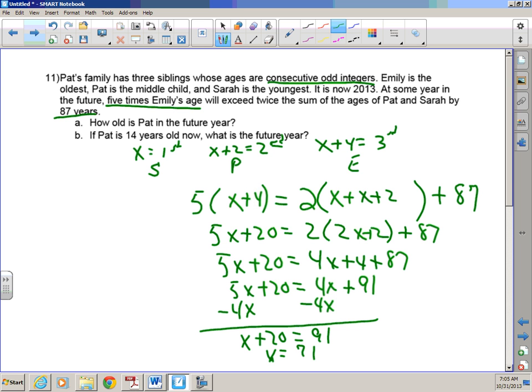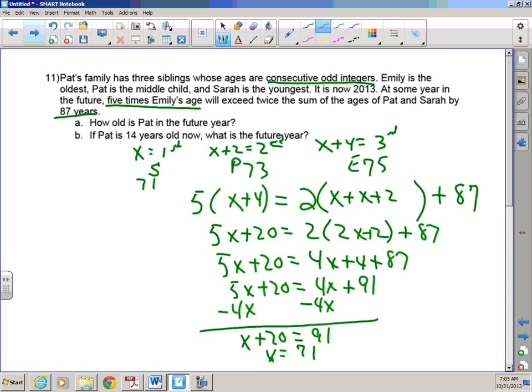So, what is the first thing we found out? Sarah is 71. Pat is 73. And who's the third one? Emily is 75. Okay? Now, the second question says, if Pat is 14 years old now, what is the future year?